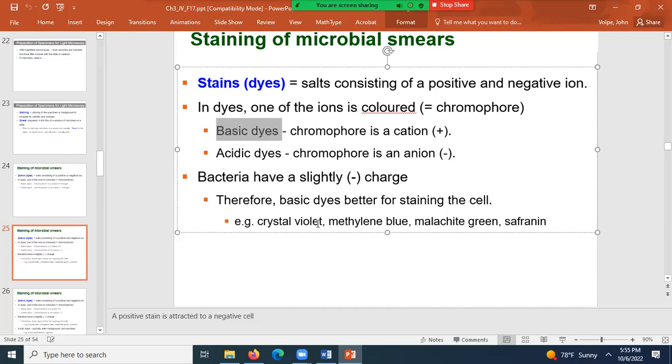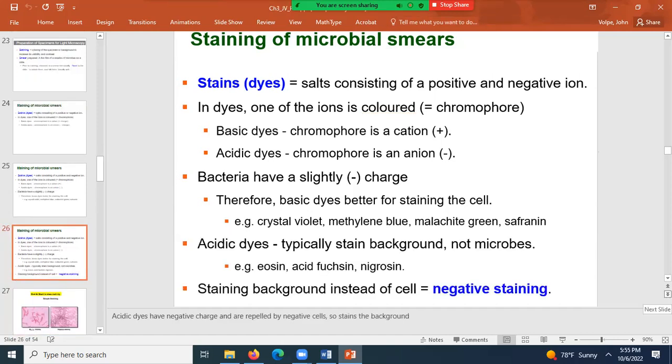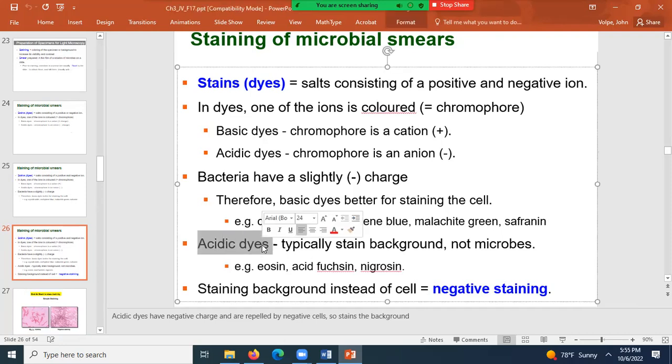I'll show you a picture of a basic dye and an acidic dye in just a little bit, but let me talk about the acidic dye now. Acidic dyes have a negative charge to the dye, and that means the acidic dye is not attracted to the cell, because a negative dye will be repulsed from a slightly negative cell.